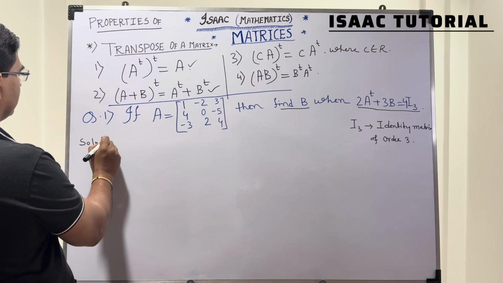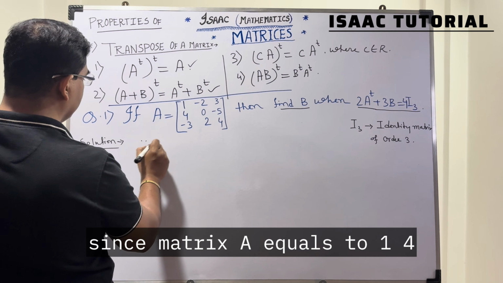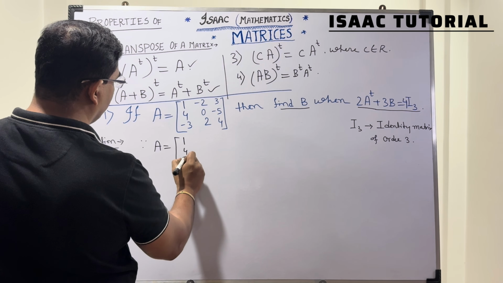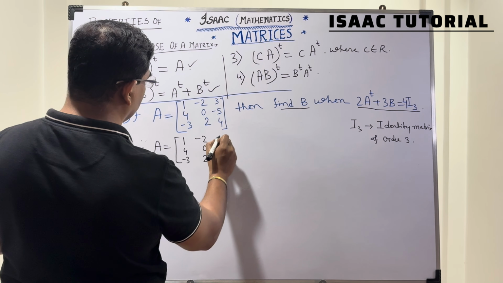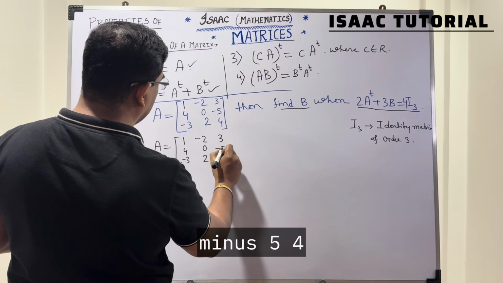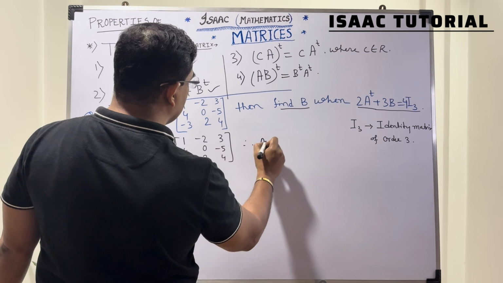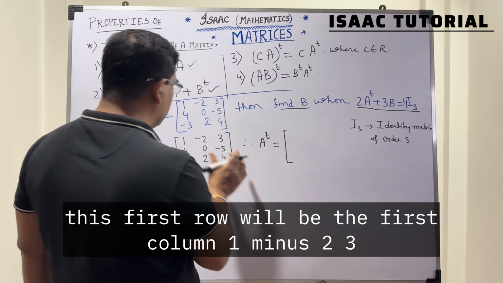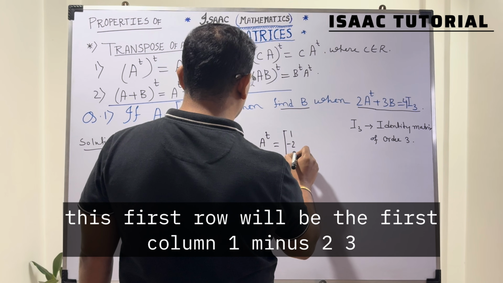Solution. Since matrix A equals 1 4 minus 3, minus 2 0 2, 3 minus 5 4, therefore A transpose is equal to, this first row will be the first column 1 minus 2 3.